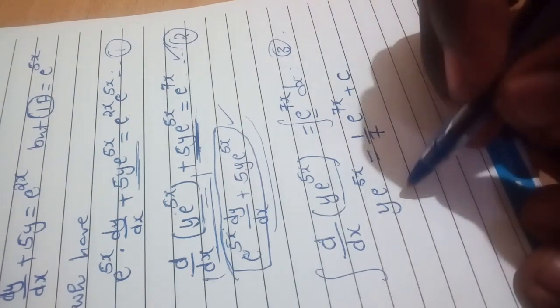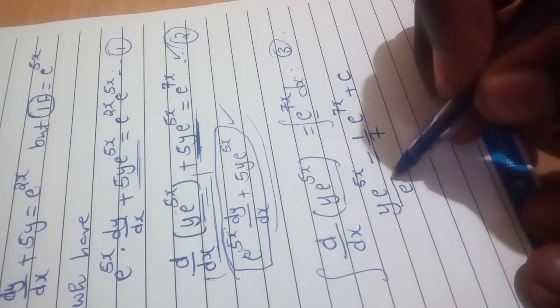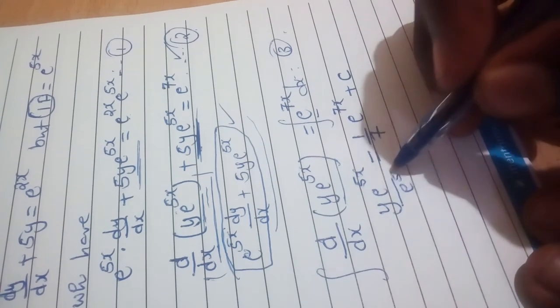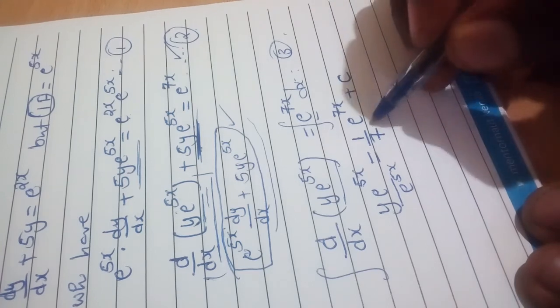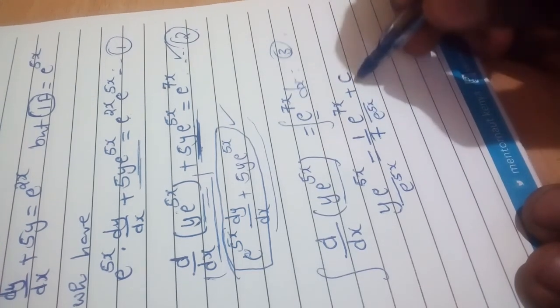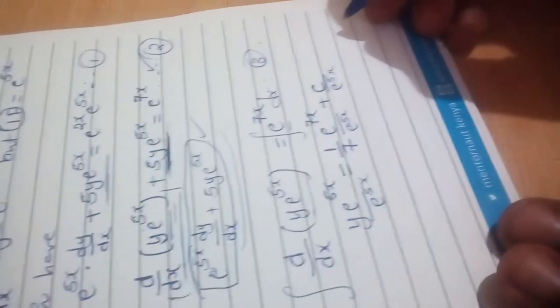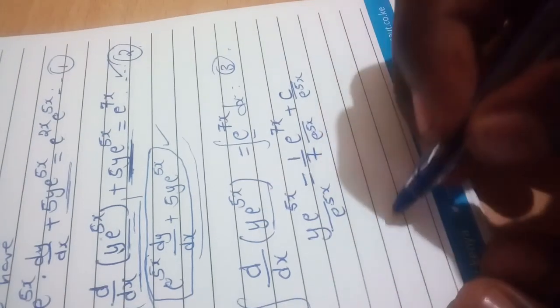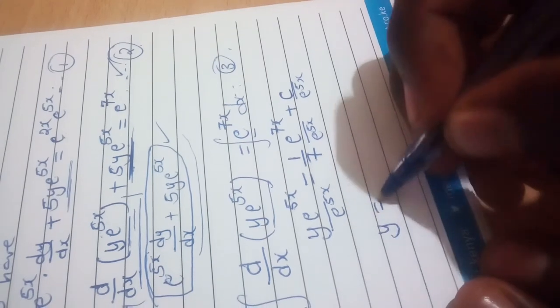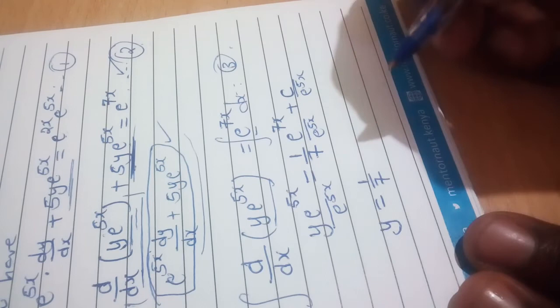Now dividing both sides by e raised to power 5x, we have y is equal to 1 over 7.